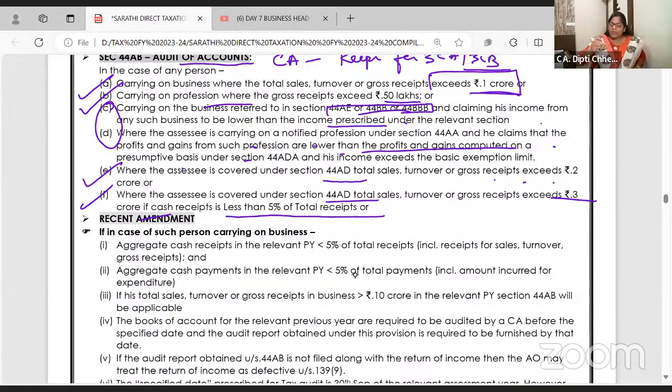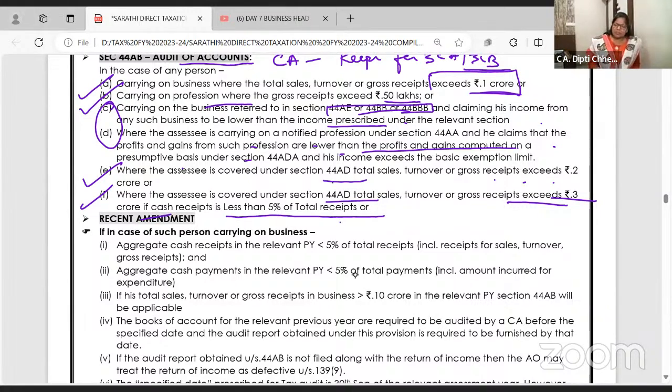Those businesses who are doing all online supply get all the payment in the bank, correct or not? So many businesses are selling online and they don't take cash on delivery. सीधा उनके अकाउंट में पेमेंट आता है. तो up to 3 crore they can go for 44AD. Beyond that, they have to get the tax audit done.